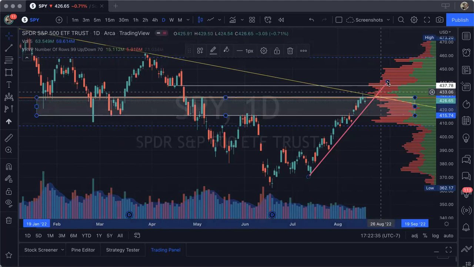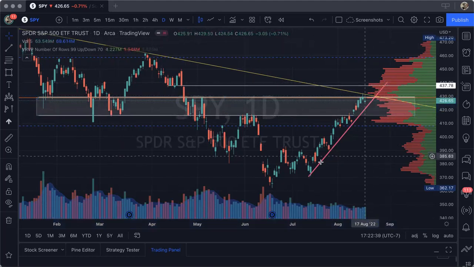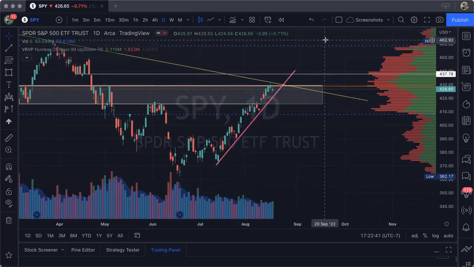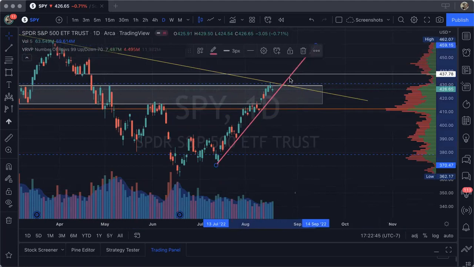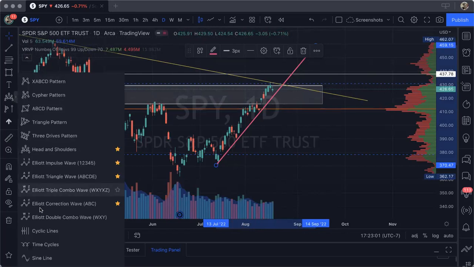Keep an eye if and when we do break this pink trend line, eventually it has to, sooner or later. It could be much further up here, we'll see. But when it does break that trend line, look for when it does finally close below that and start to create a zigzag ABC pattern down, okay? Because you can expect that to be, it could be a potential wave 4.